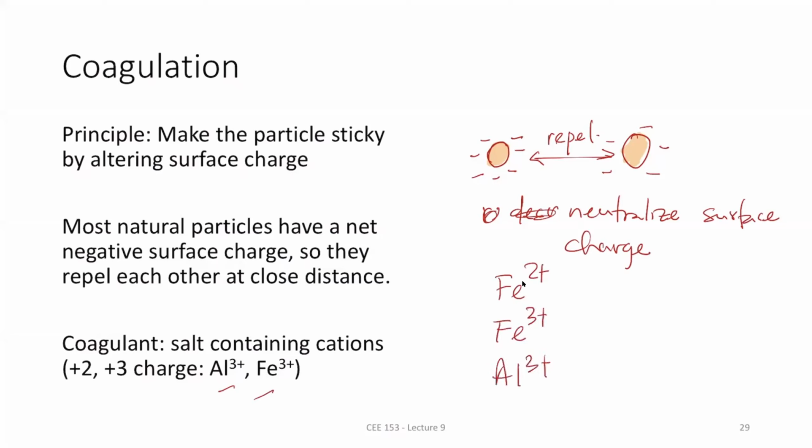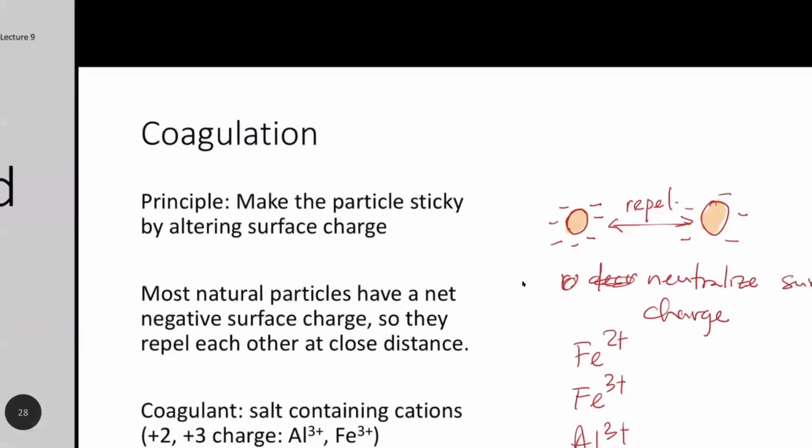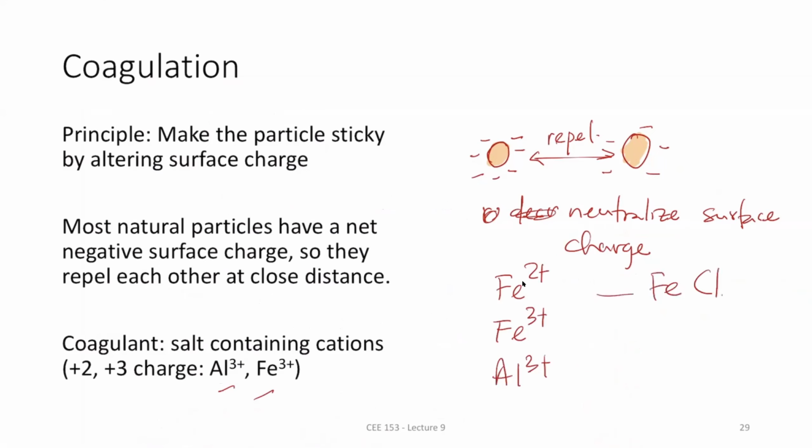Obviously, you can't add just a positive charge. You also add an equal amount of negative charge. So that's why sometimes you add iron chloride, FeCl3, or iron sulfate, or aluminum hydroxide.